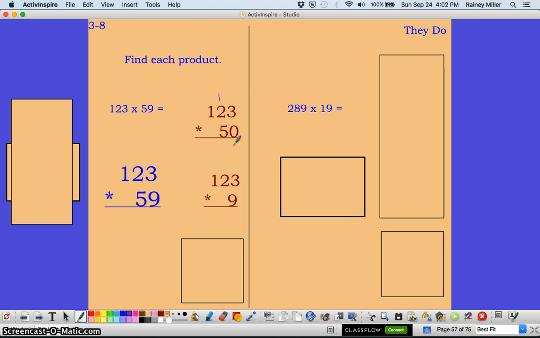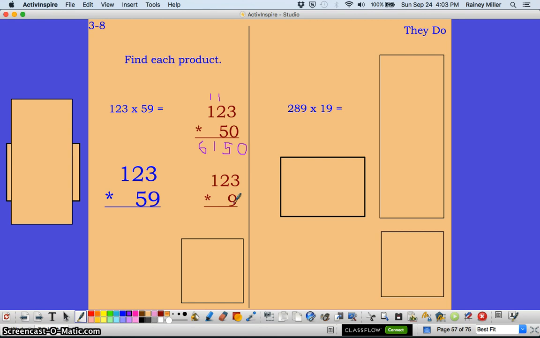So I put my 1 here and my 5 down here. Okay, then 5 times 2 is 10 plus 1, that's going to be 11. 5 times 1, that's 5, plus 1 is going to be 6. And I put my 0 on the end because I'm using that zero trick that we had learned.